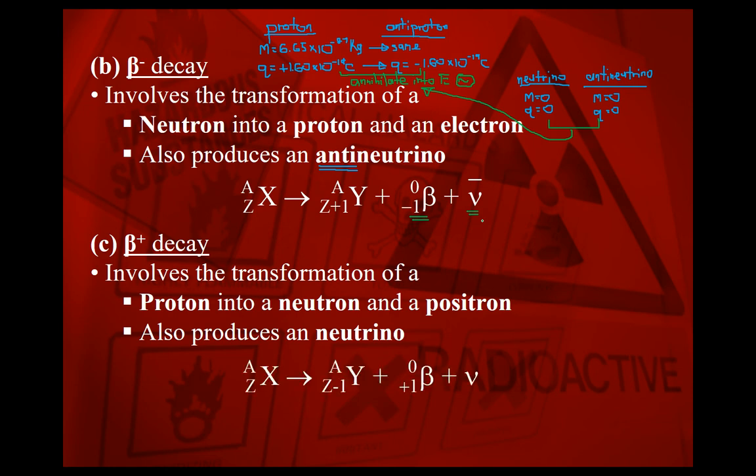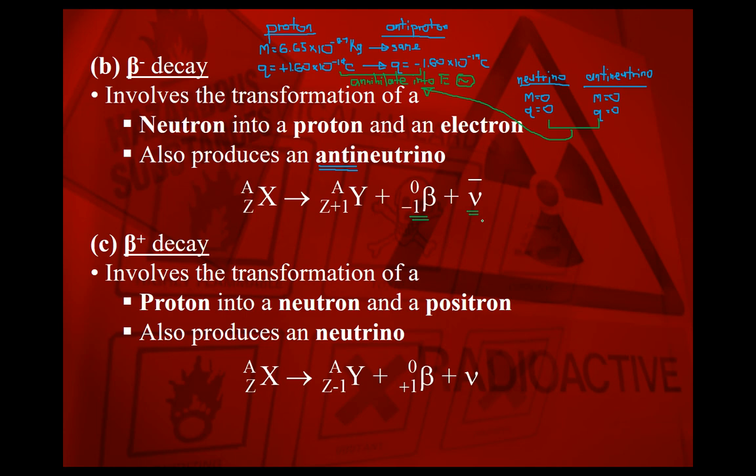If you look at our nuclear equation for this, we would have A Z X, my parent isotope, giving you, well, a proton to a neutron is not going to change the nucleon number, so we are still left with A. But if I go from a proton to a neutron, I have one less charge, so I would have Z minus 1 for the charge on my daughter isotope.